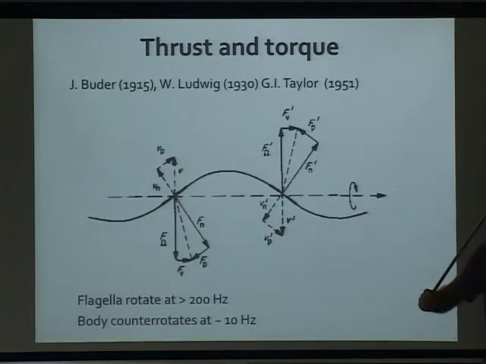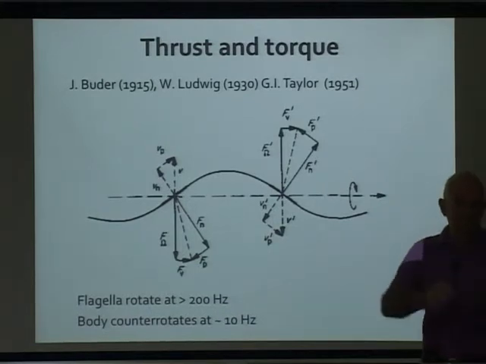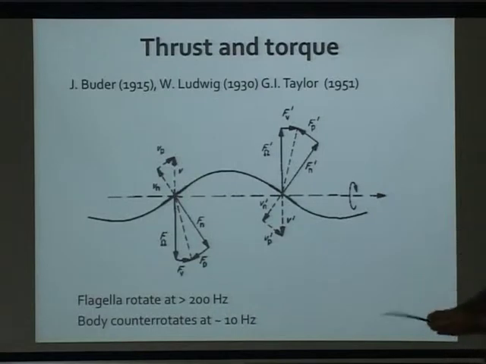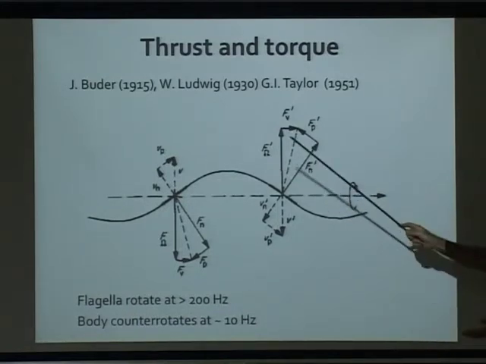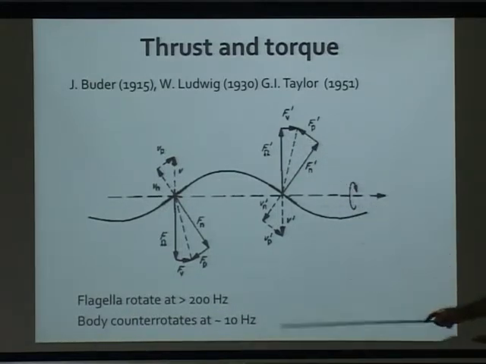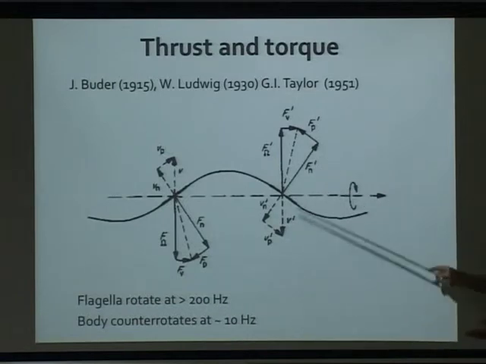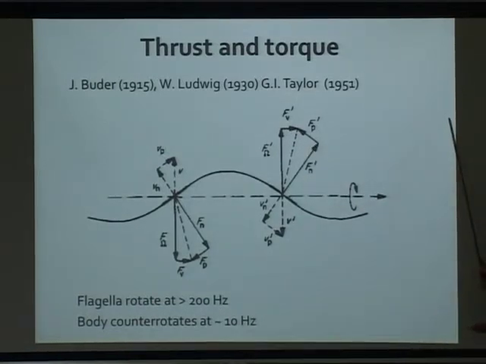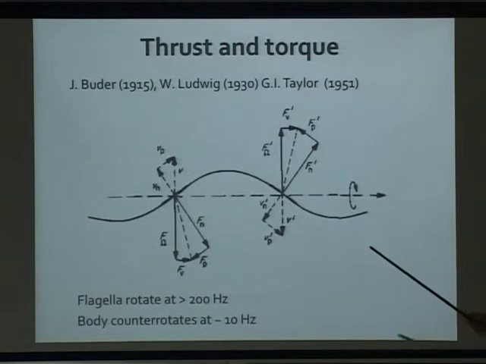Flagella offer a resistance which is smaller along their direction and larger in the other. So as a result, you just write down the diagram for the forces in the system. And if you just drag your helical flagellum in this way, it will exert a force in that way. And that propels the flagellum, right?